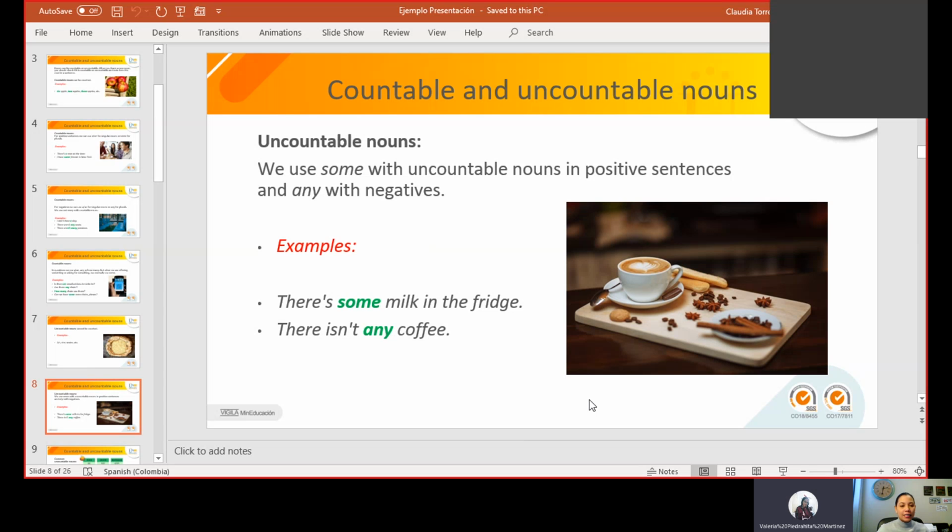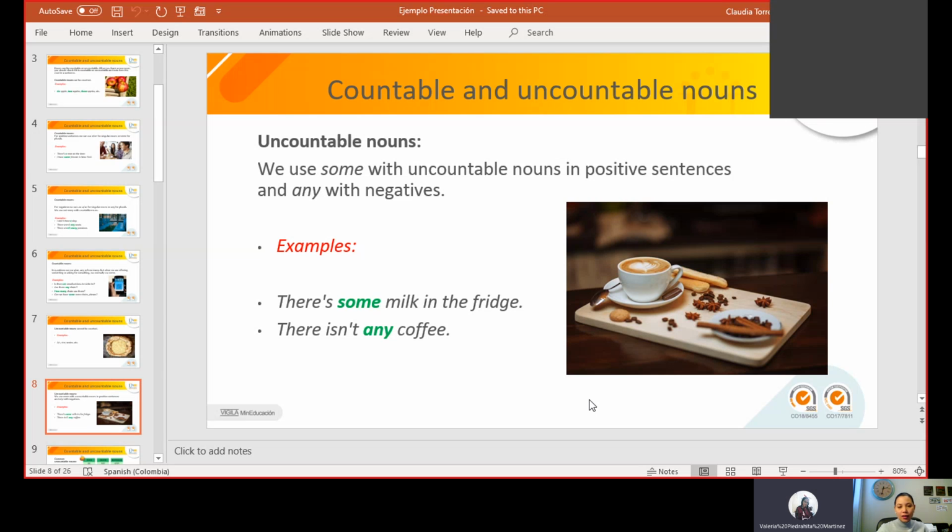So there isn't any coffee. Okay, Valeria, I'm gonna ask you to tell me one example with some in the positive and one example with any in the negative sentence.